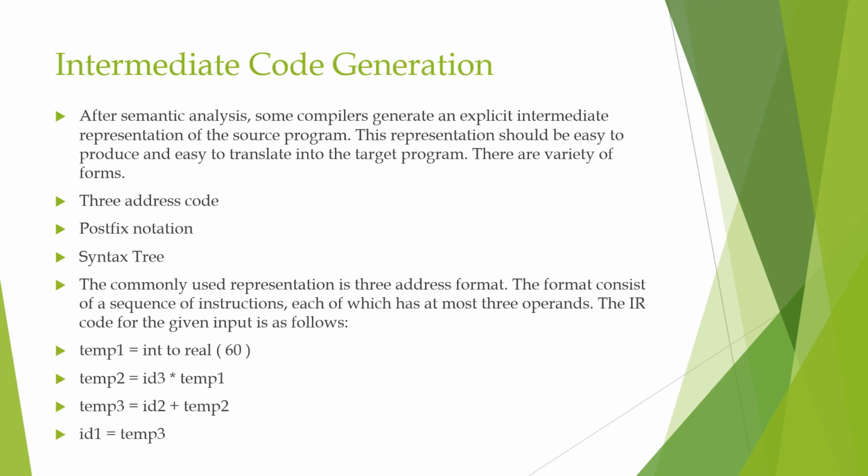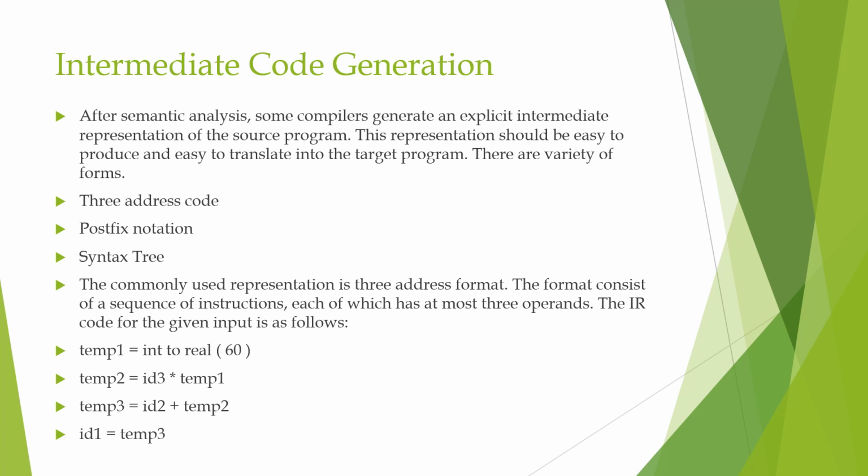Next comes the intermediate code generation. After semantic analysis, some compilers generate an explicit intermediate representation of the source program. This representation should be easy to produce and easy to translate into the target program. There are a variety of forms: three address code, postfix notation, syntax tree.